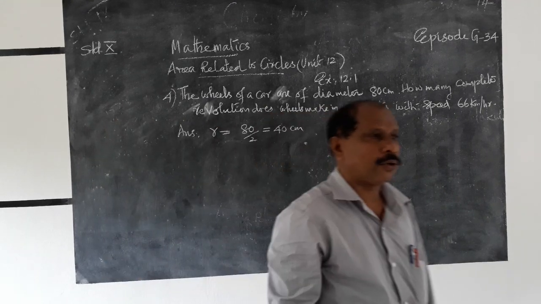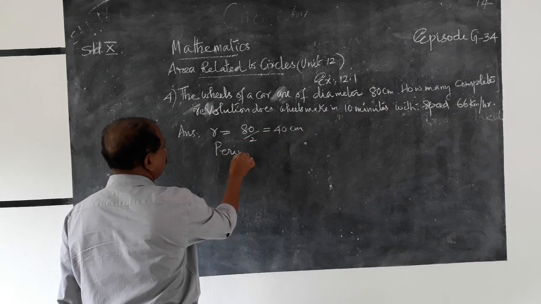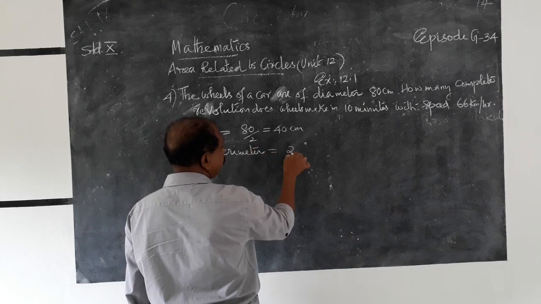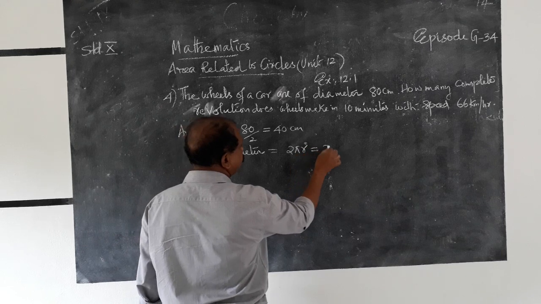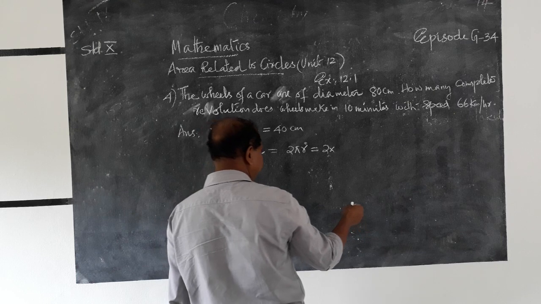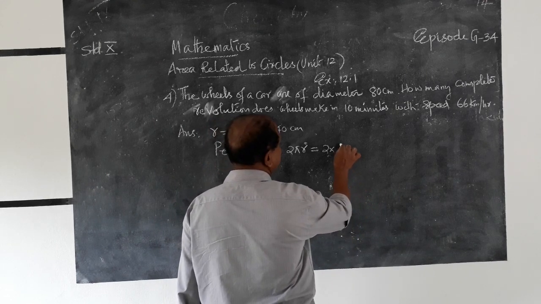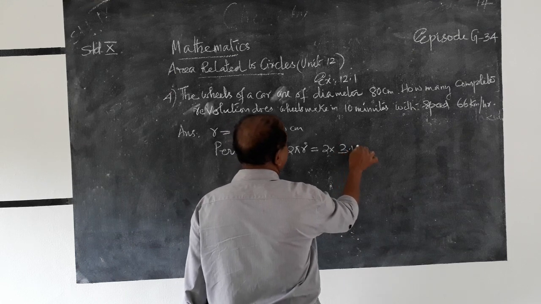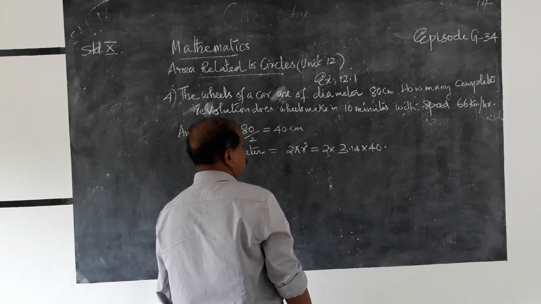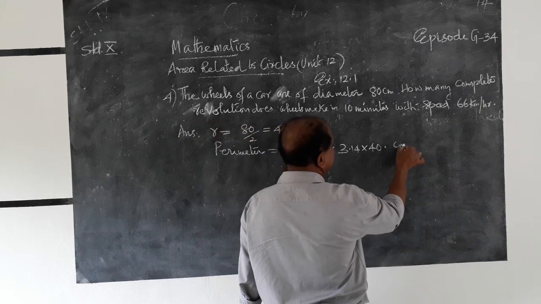Then the circumference of the wheel, the perimeter, is equal to 2 pi r, is equal to 2 into pi, replaced by 22 by 7 or 3.14, into 40. That is the perimeter in centimeter.